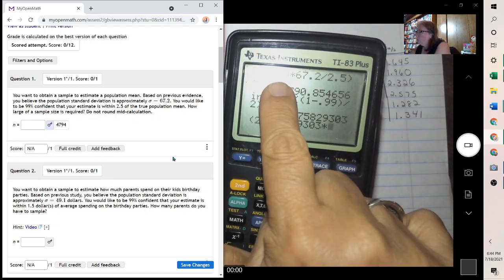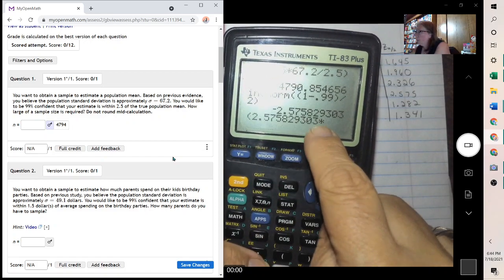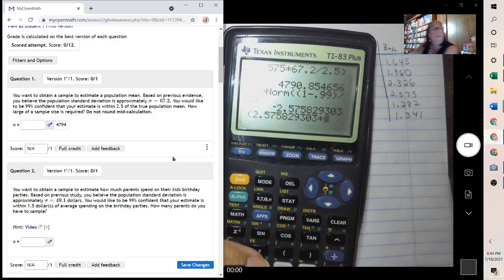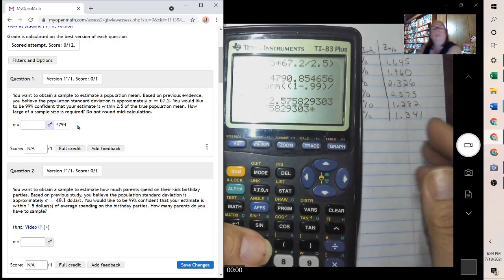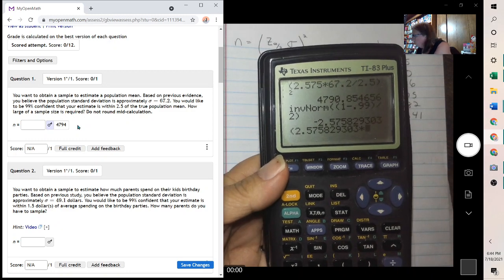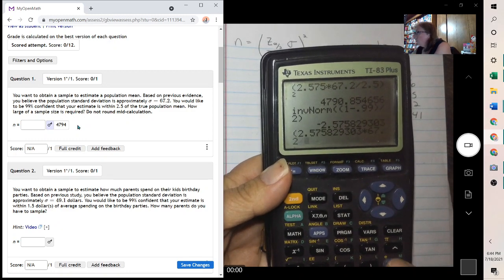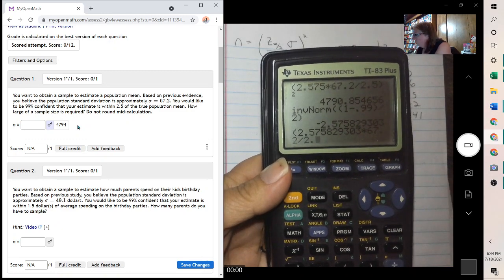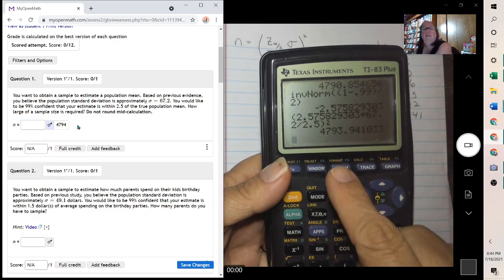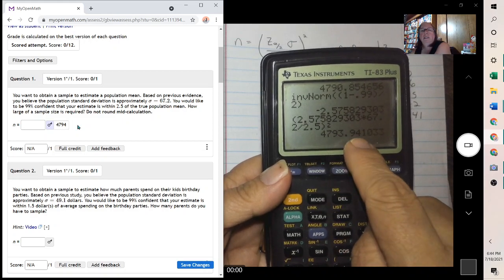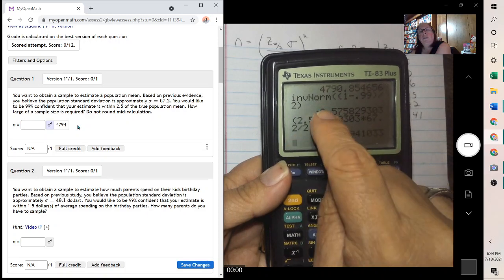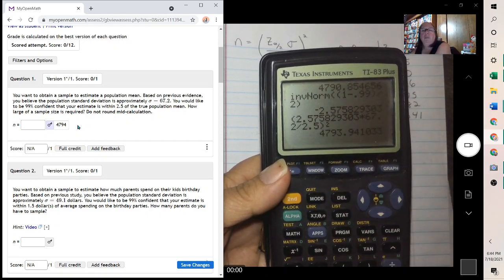So instead of just using the rounding, if I use the whole thing, notice this will get closer. Instead of 4791, it will be closer to 4794. Times 67.2 divided by 2.5. Close parenthesis and square it. See? 4794. So they want you to use the whole decimal, but you could leave the negative because you're squaring it anyways.